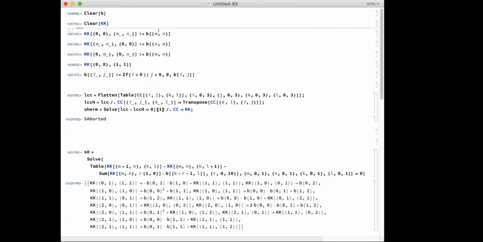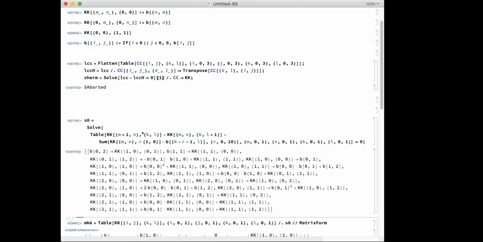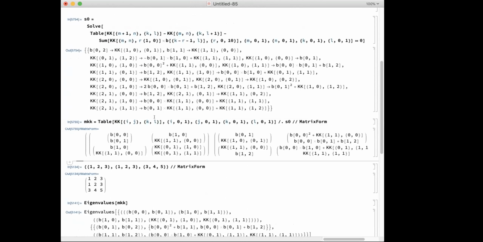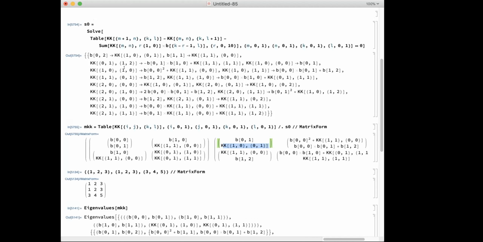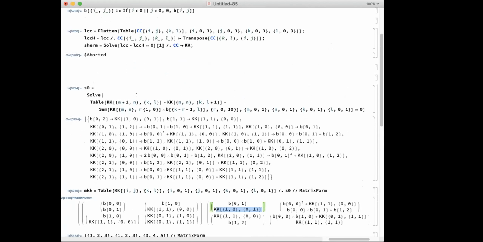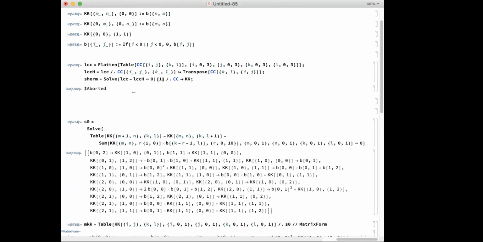Sorry, guys. Okay. Oh, you're solving the... Yeah, so here I'm trying to solve this thing. Anyway, you can solve for some of these, but not all of them. So that's one thing I don't really understand. You mean you're trying to solve so that the kernel becomes a function of the B's?